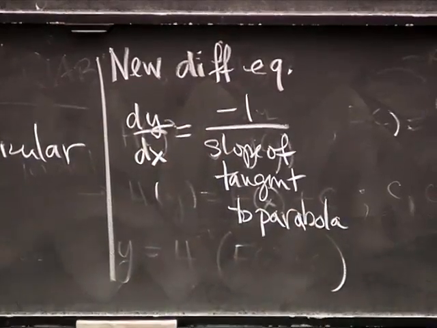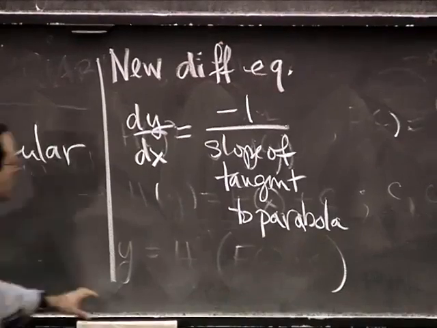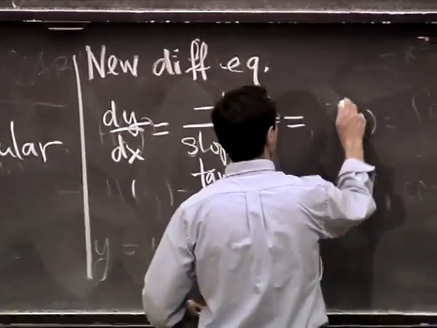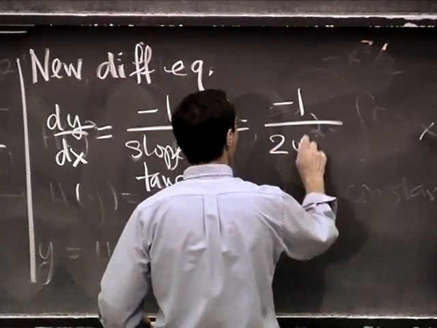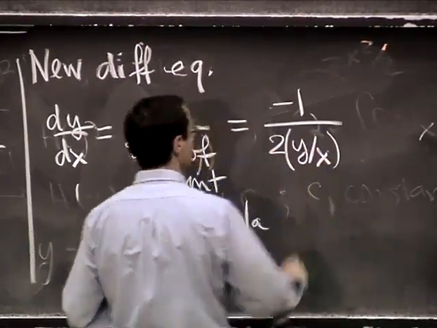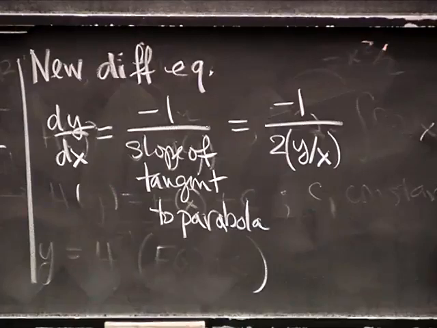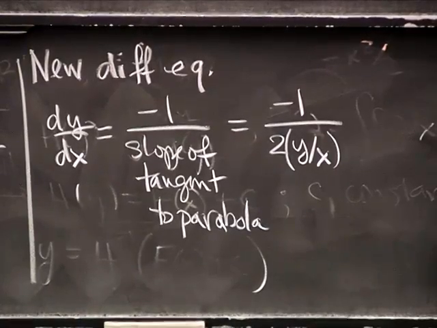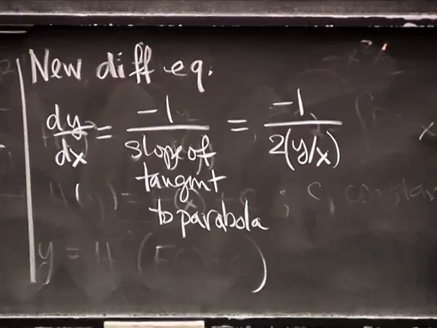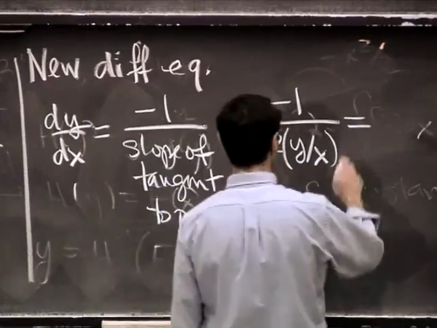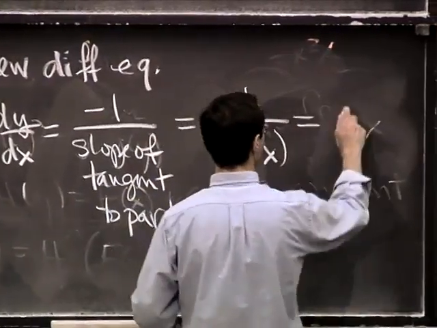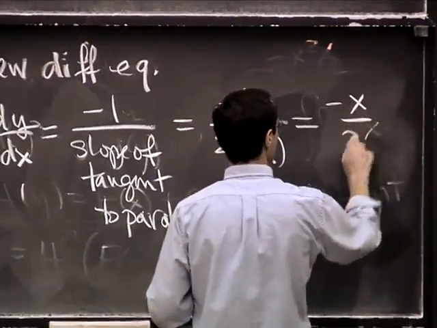Okay, so that's the equation. That's actually fairly easy to write down because it's minus 1 divided by 2y divided by x. Right, that's the slope of the parabola. So let's rewrite that now. The x goes in the numerator, so it's minus x over 2y.